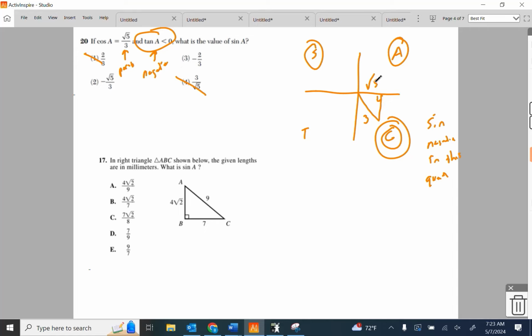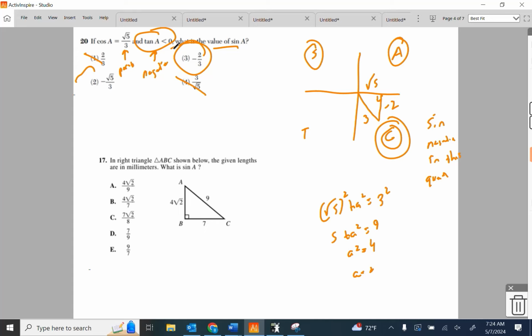Root 5 squared plus a squared is 3 squared. 5 plus a squared is 9. A squared is 4. A is 2. And direction, that's falling. And I do the sine ratio, opposite over hypotenuse. Almost put the wrong one there. Choice 3.